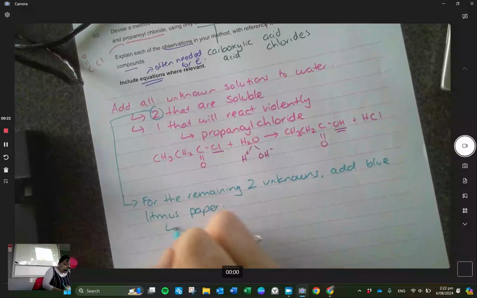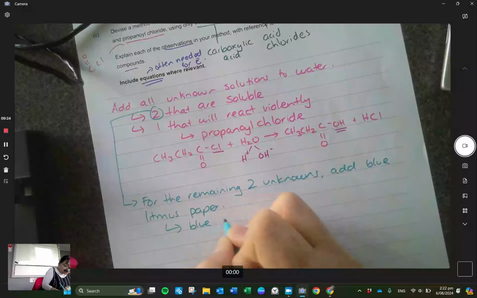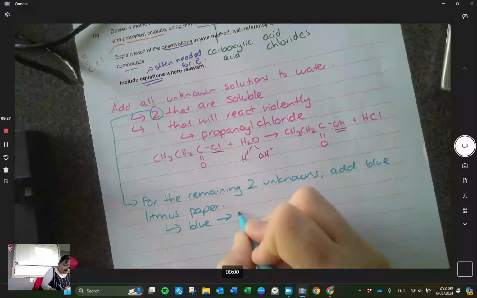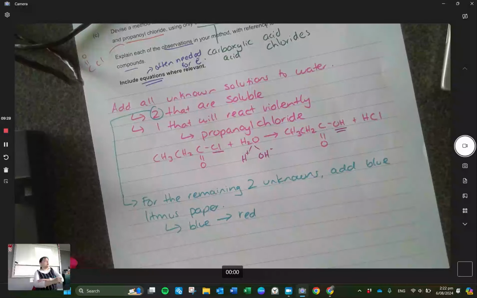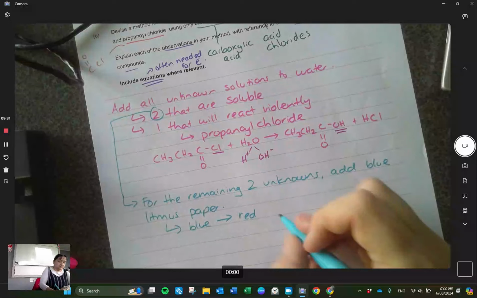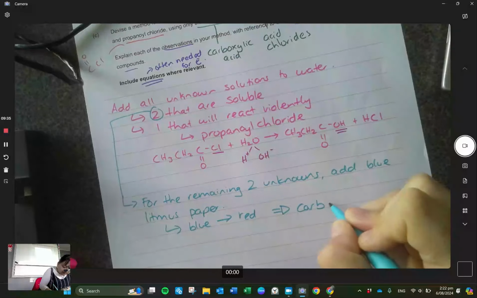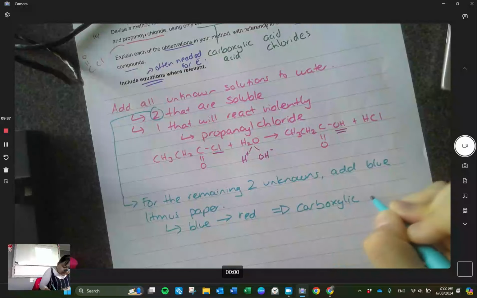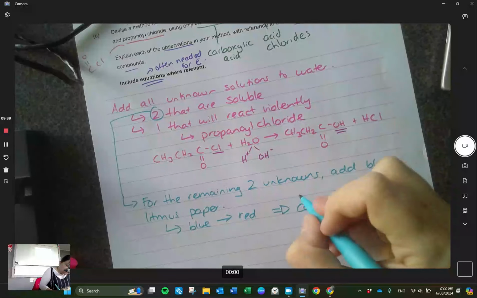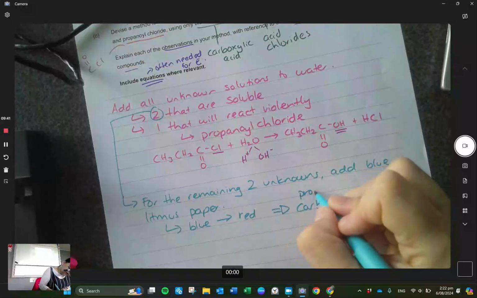One of them will turn from blue to red. That one there is my carboxylic acid. So my carboxylic acid in this case is propanoic acid.